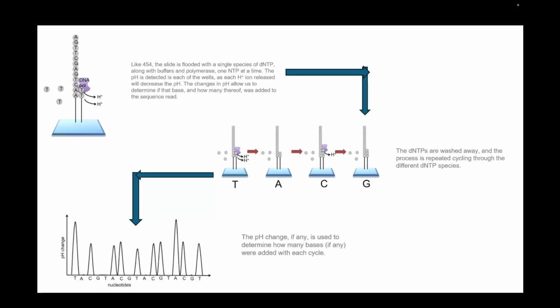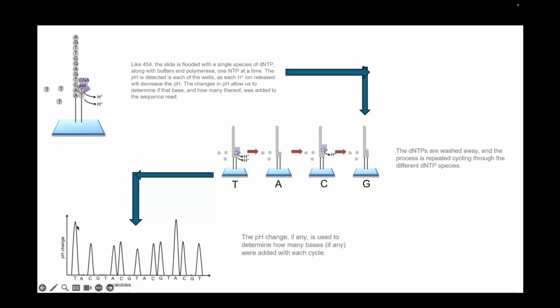If you add a dNTP, and there's a signal associated with it, in this case a pH decrease, then for each different species of the bases present, A, T, G, C, there will be a distinct change in pH, which will allow the ion sensor to identify what and how many of those bases have been added to the sequence. So this is how it will detect.